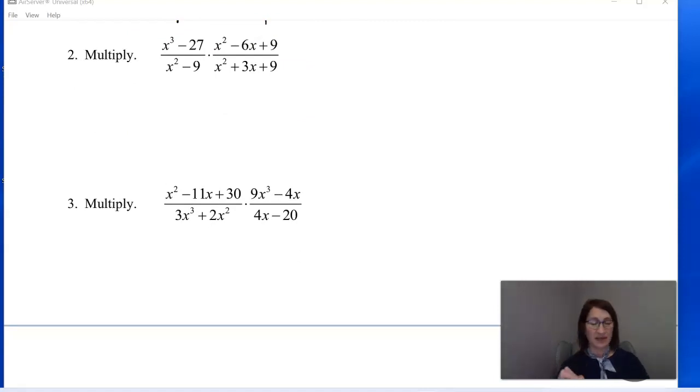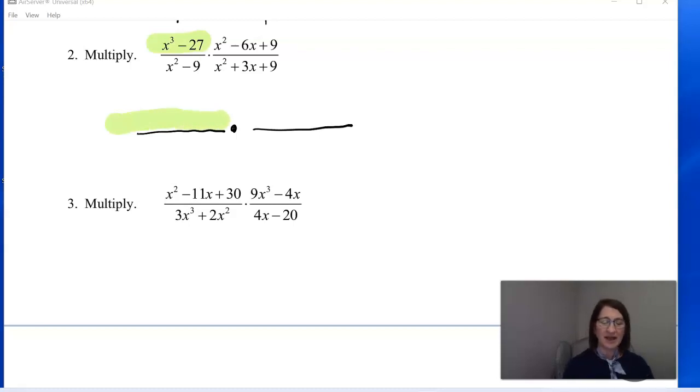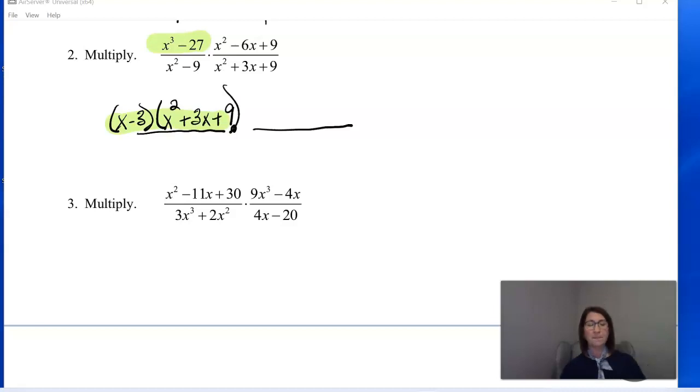So first thing I'm going to do is put my fraction bars, and then I start with my upper left, okay? And I'm going to put my factored form right there. So that is the difference of 2 cubes. So that's going to be x minus 3 times x squared plus 3x plus 9.